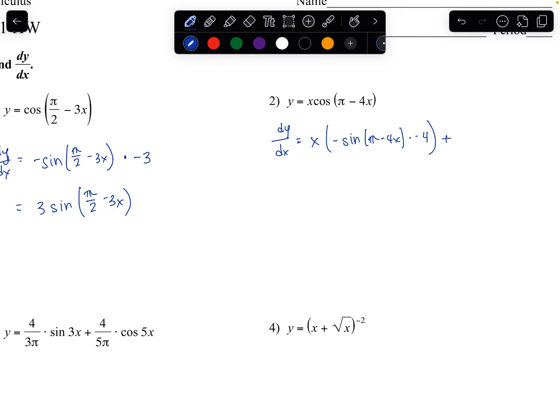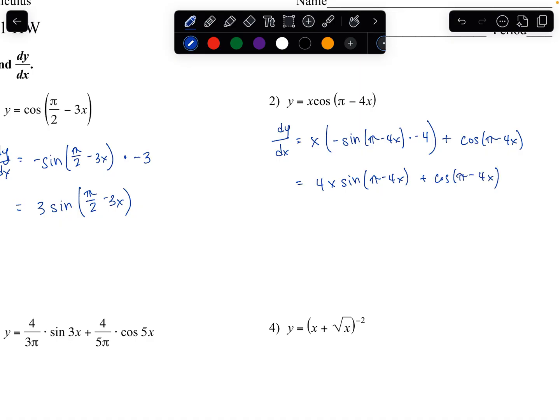Plus, now I'll have to take the derivative of x, which is 1, times the second. So times cosine of pi minus 4x. Probably some cleanup here. You can clean up a little bit of this right here. That's going to be equal to 4x sine of pi minus 4x plus cosine of pi minus 4x.